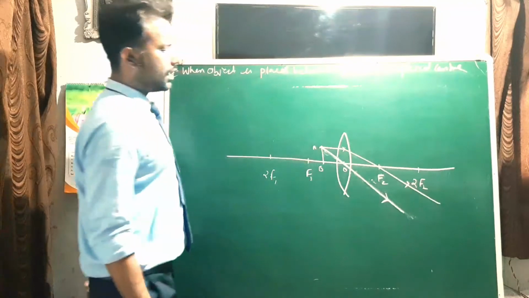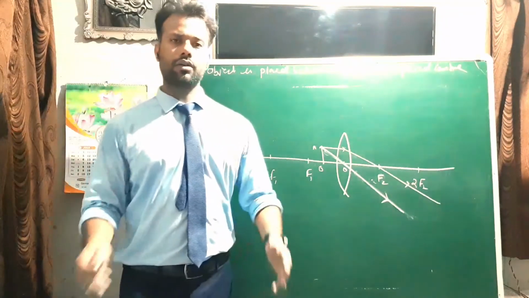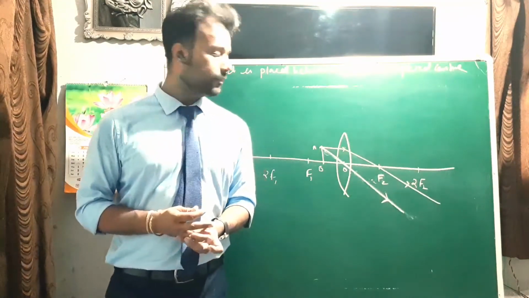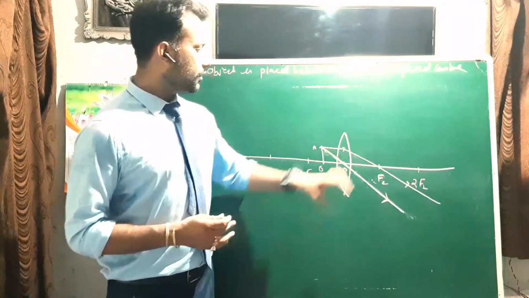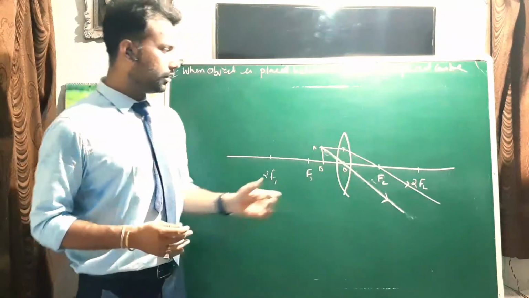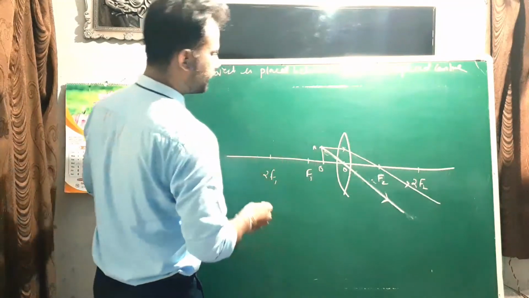Now as you can see, again these two rays are not intersecting, but they are also not parallel. So what if we retrace them backwards?